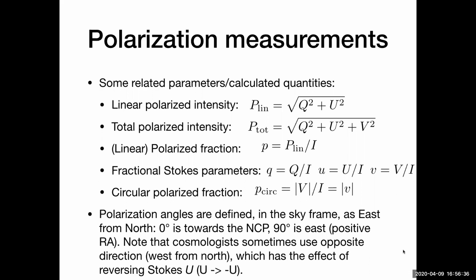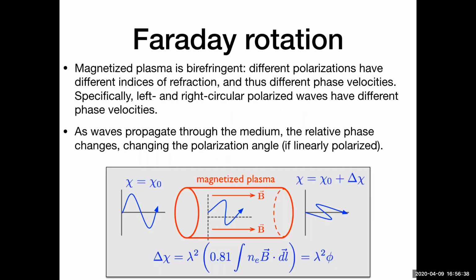And yeah, I'm not going to have time to go through everything I want to discuss on Faraday rotation, so I'll go through it very, very quickly, because this is a topic I am very fond of. So we know that magnetized plasma, such as exists in the interstellar medium, is birefringent, which means that different polarization states have different indices of refraction.